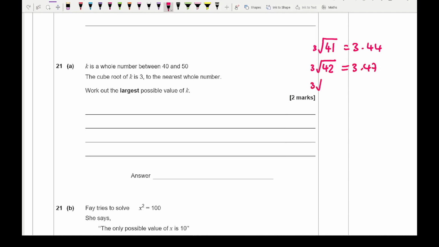And the cube root of 43, since I'm looking for the biggest number that just takes it over 3.5, is 3.503. So that means the biggest number that k can be is 42.